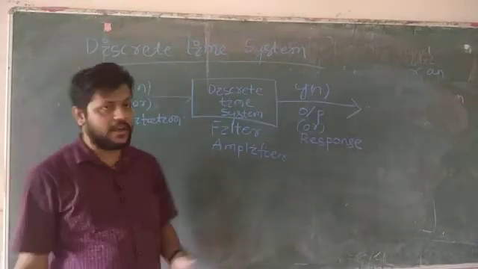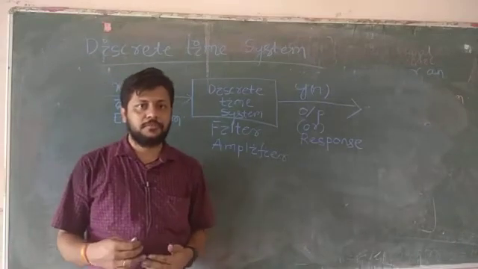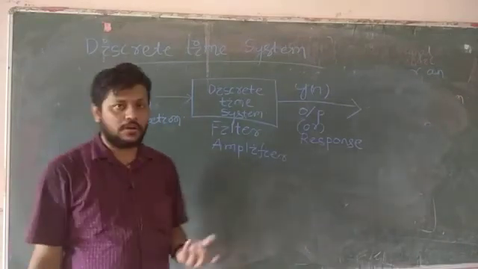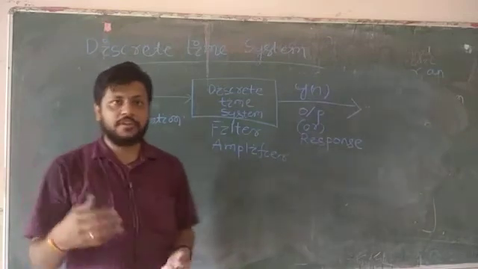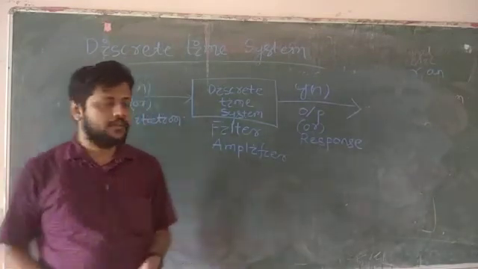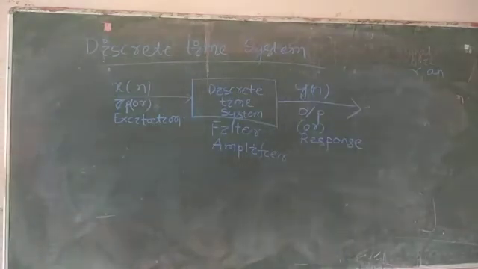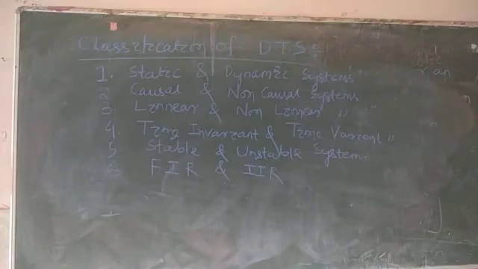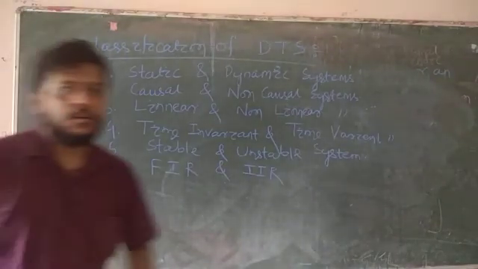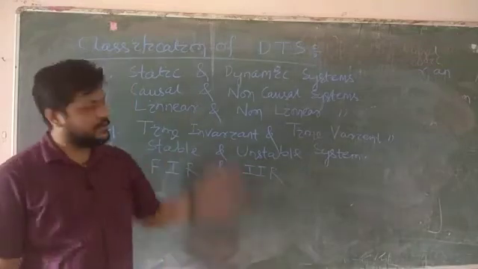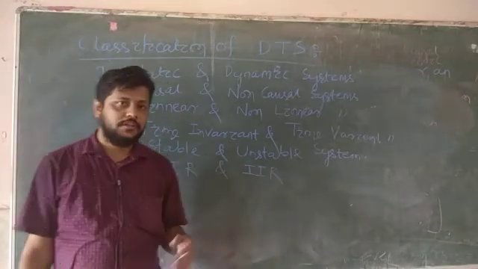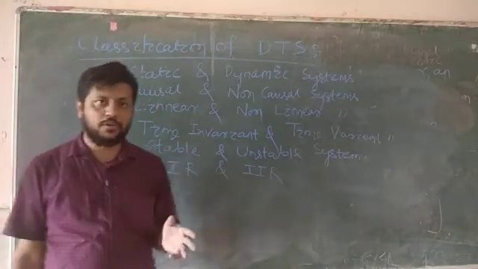Then we will classify the discrete time system. What are the different types of discrete time systems available, that we will discuss now. According to different characteristics, we classify the discrete time system into 6 types, that I have written here, so you can note it down.